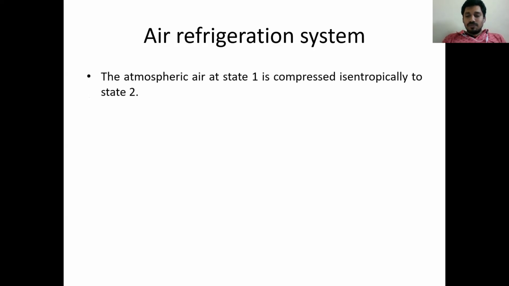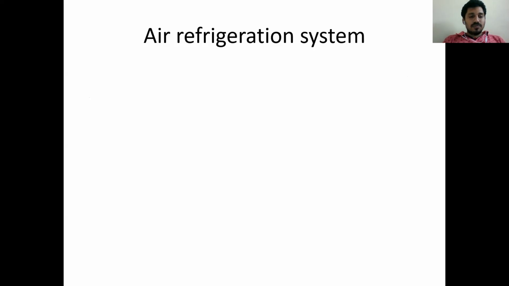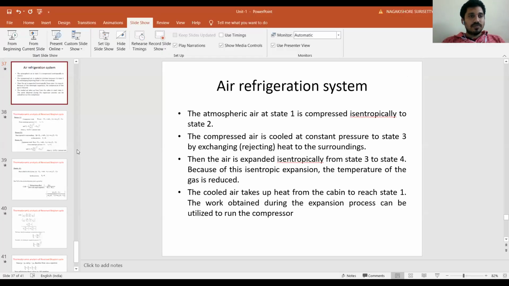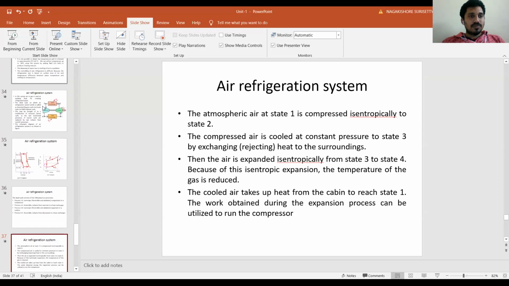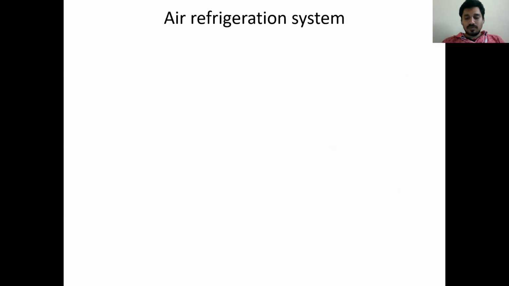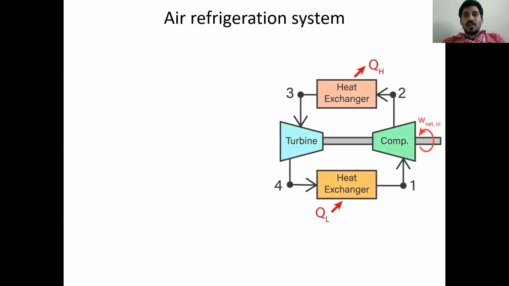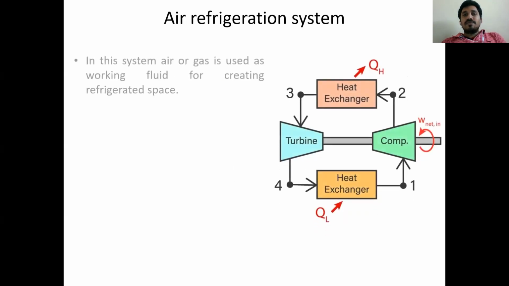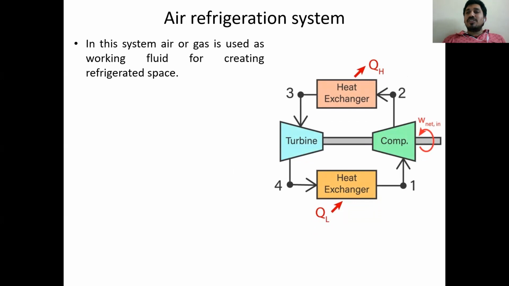See all of you, same thing I mentioned on this slide. If you read it, you can understand very easily. Air or gas is used as working fluid for creating refrigerated space.